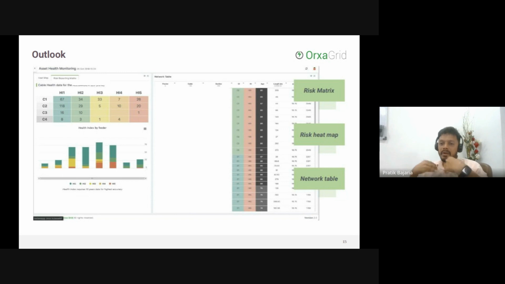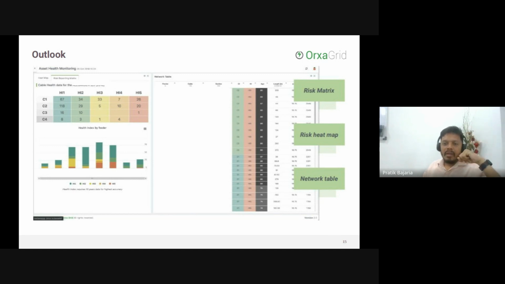If not, we provide solutions so that the bottlenecks mentioned in the previous slide are catered to.